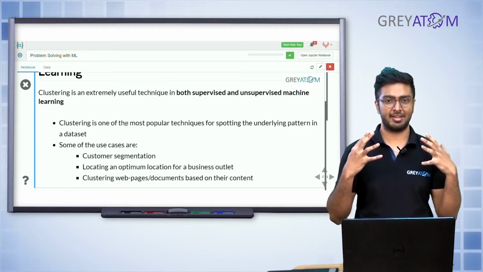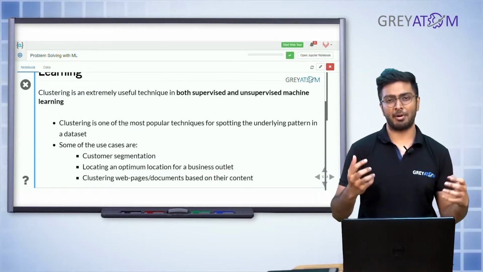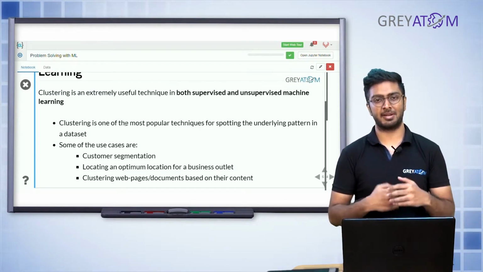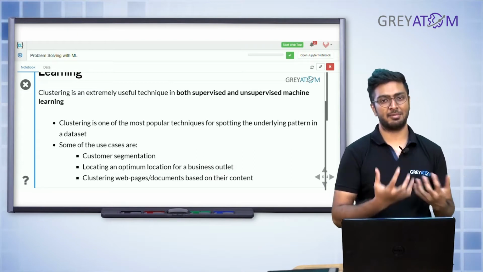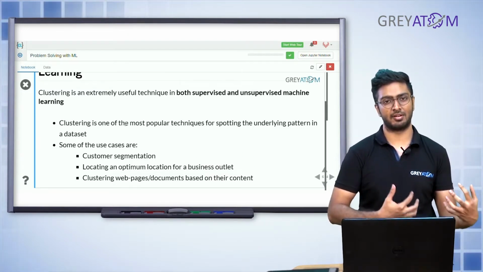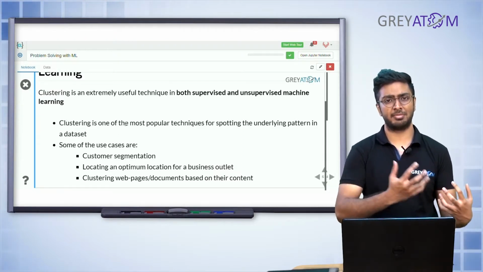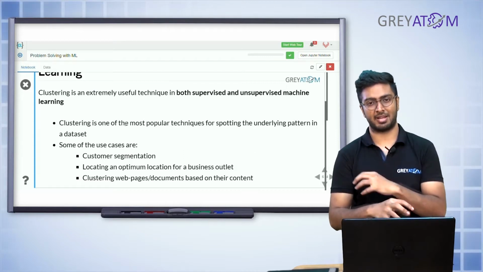Instead of sending every person in your database the same mail, you probably want to customize the mail depending on the kind of people there. To do that, you would want to segment them into different buckets, and for each bucket the way you send the mail would be different. But how do you separate customers into different buckets?